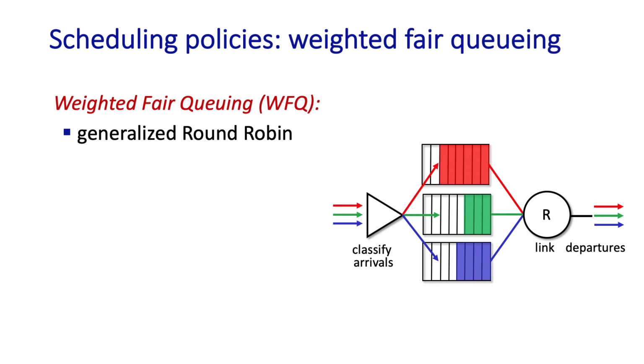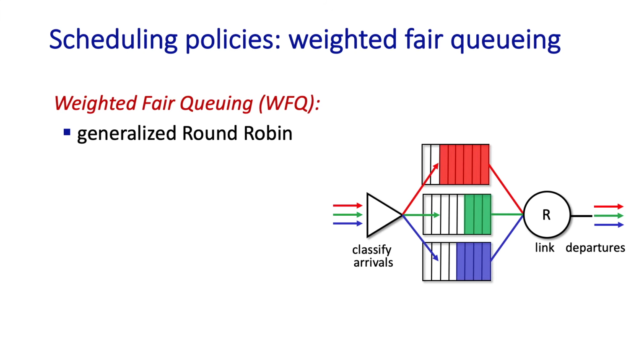A generalized form of round-robin queuing that's been widely implemented in routers in practice is known as weighted fair queuing, WFQ. Like priority and round-robin scheduling, arriving packets are classified and queued in the appropriate per-class waiting area. We see here red, green, and blue packets waiting for their service.